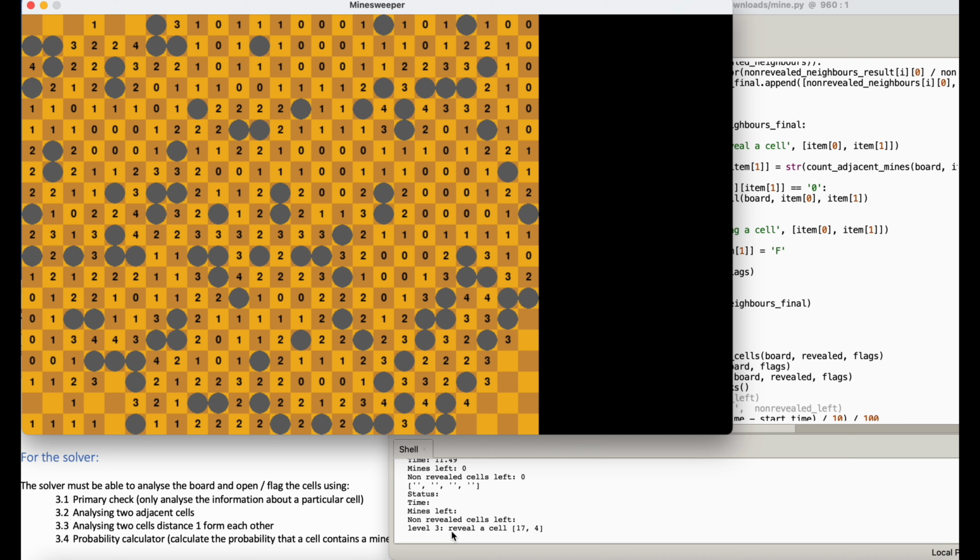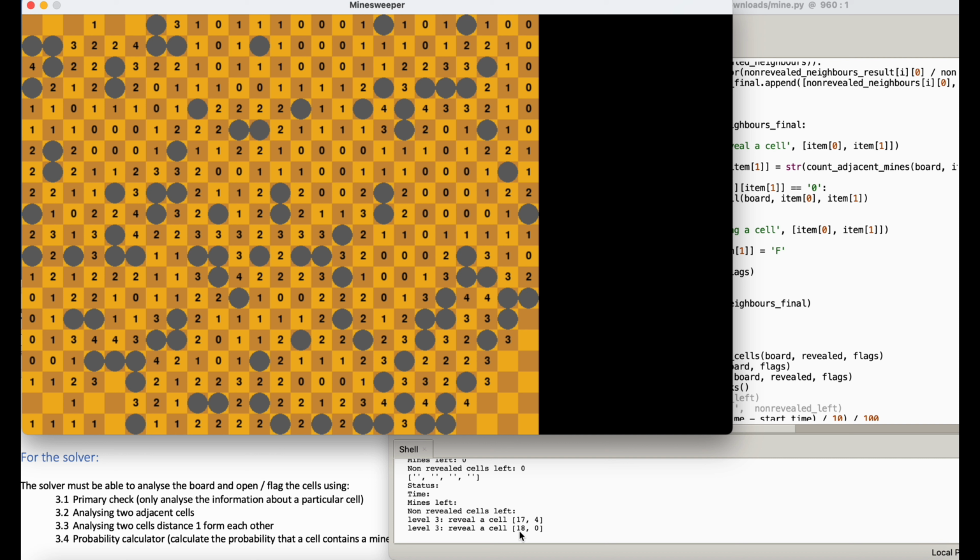So we can see that we can reveal a cell 17,4, which is this cell. And it couldn't be revealed on levels 1, 2, and 2.5.